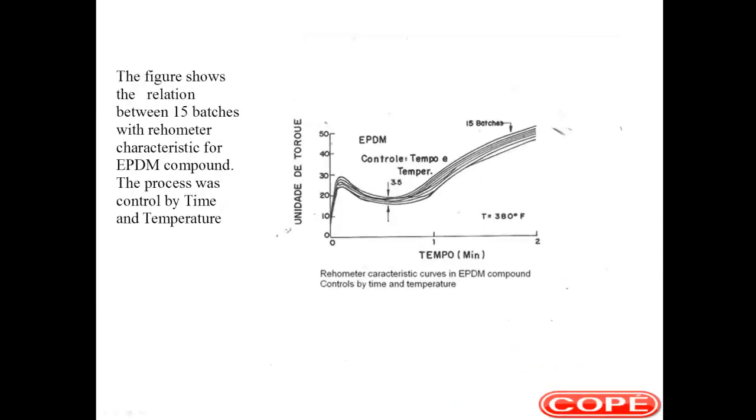In this picture, we can see the relation between 15 batches with a rheometer for EPDM compounds. We can see the variation of the rheometer curves, and this control was done by time and by temperature.